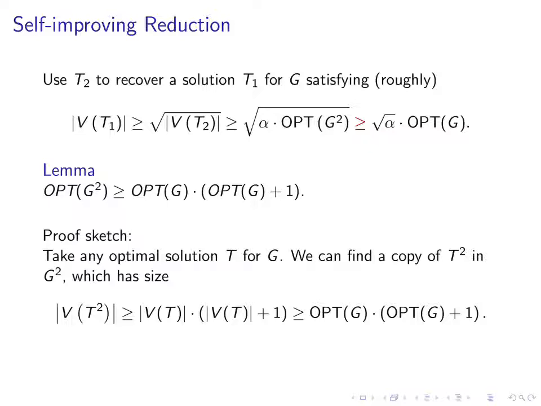So eventually, the solution T squared of the squared graph has size at least T times T plus 1.